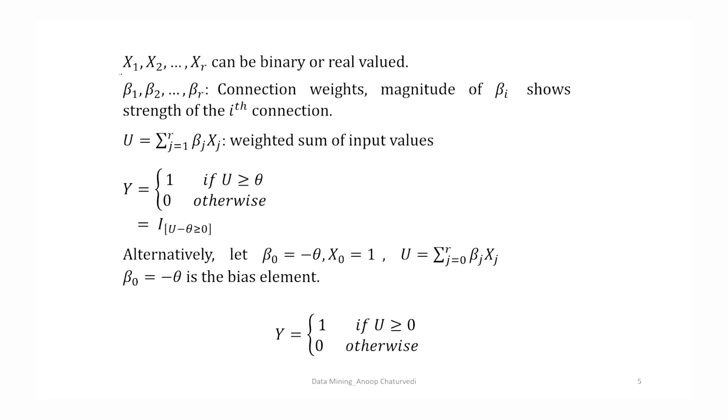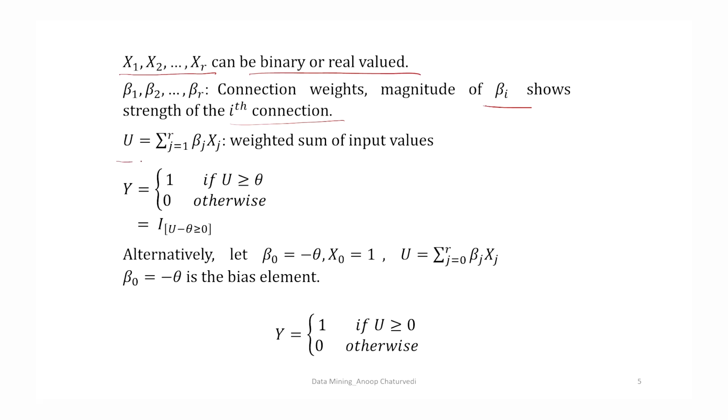Now, x1, x2, ..., xr are the input variables, and these input variables can be binary or real valued. Then beta1, beta2, and so on up to beta_r, these are the connection weights, and the magnitude of beta_j shows the strength of the jth connection. Then we define u = summation j = 1 to r of beta_j x_j.